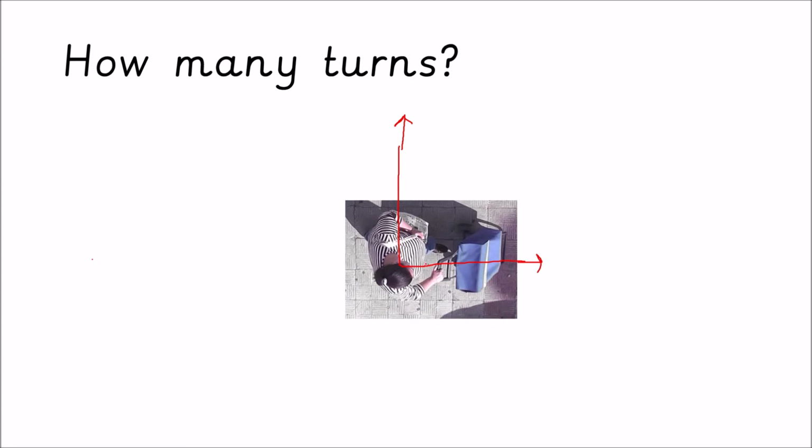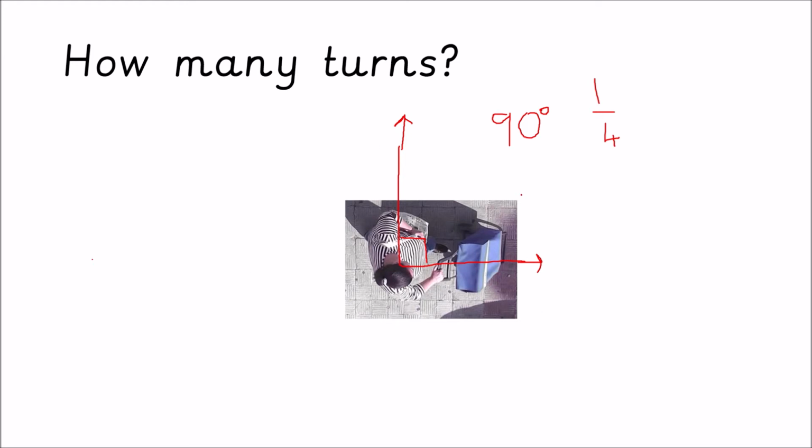And you can see that that is a right angle. She's turned at a right angle. So she's turned 90 degrees so far, and that is 1/4 turn. 1/4 of a full turn. A full turn would be her spinning the whole way around.